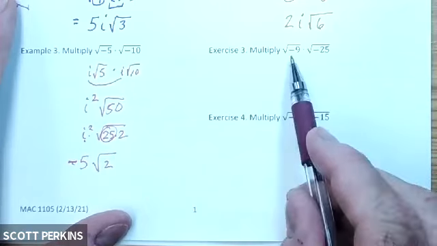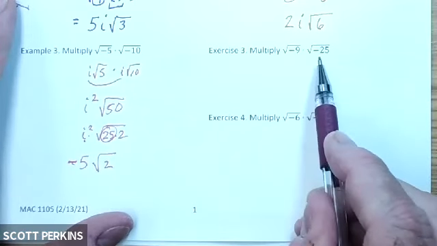So both of these numbers in this one are perfect squares. So I can do this in kind of one step.